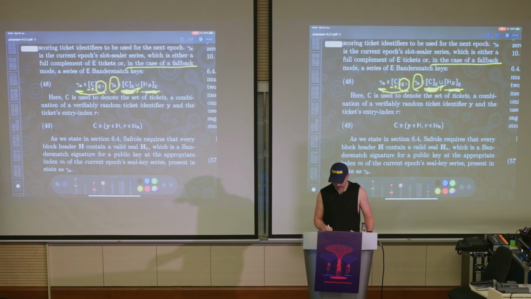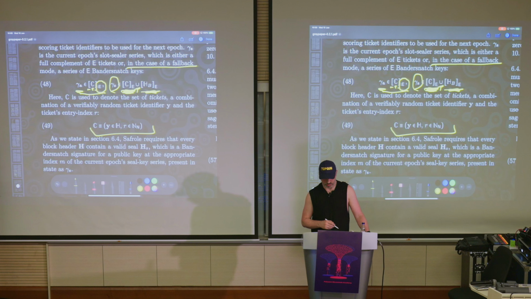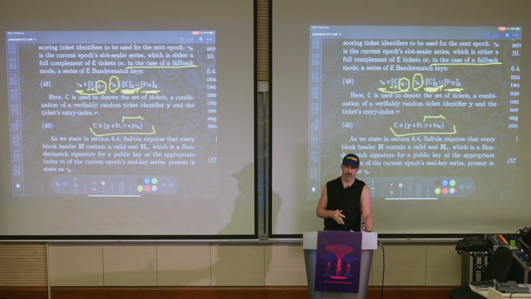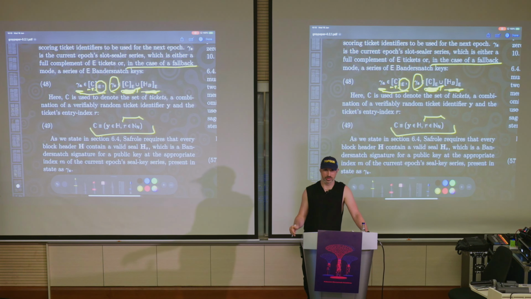And here is our ticket definition, Blackboard C. Tickets actually have just two things in them. Y, which is a ticket identifier, a 32-byte quantity, a hash. And R, which is either 0 or 1. Every validator, it just so happens, gets 2 entries into the lottery, so we have to remember whether a ticket was their first entry or their second entry.